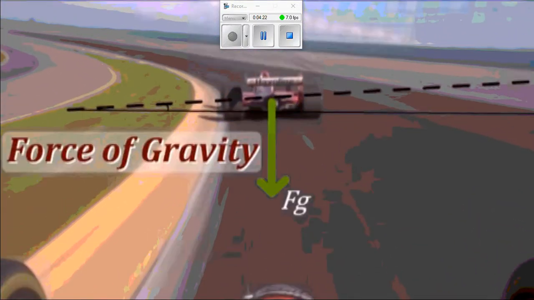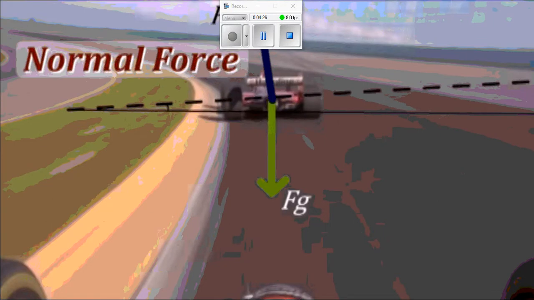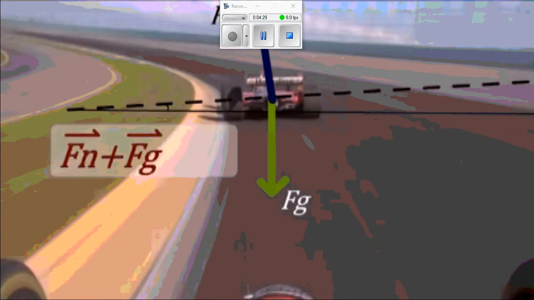So in horizontal circular motion problems, the centripetal force is usually the result of frictional force.